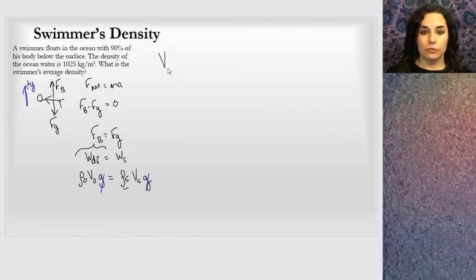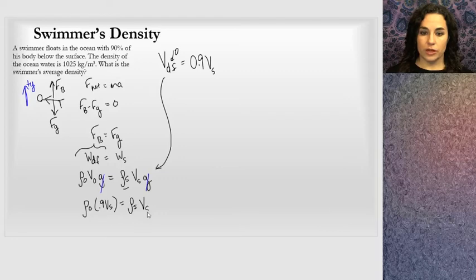The volume of the ocean water displaced here, the displaced fluid, will equal 0.9 times the volume of the swimmer. Okay, so we can put that down here. This is the volume of the ocean water. So rho of the ocean water times 0.9 times the volume of the swimmer has to equal the density of the swimmer times the volume of the swimmer. And you can see the advantage here.